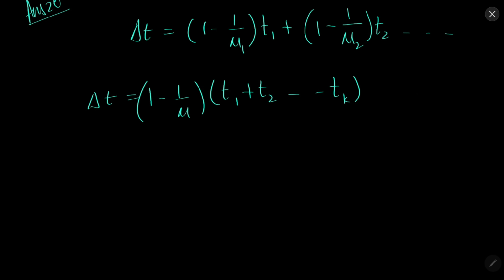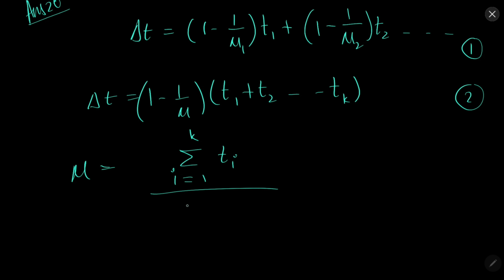So from these two equations, equation 1 and equation 2, we will have mu equal to summation of t i, where i is from 1 to k, over summation i from 1 to k of t i over mu i.